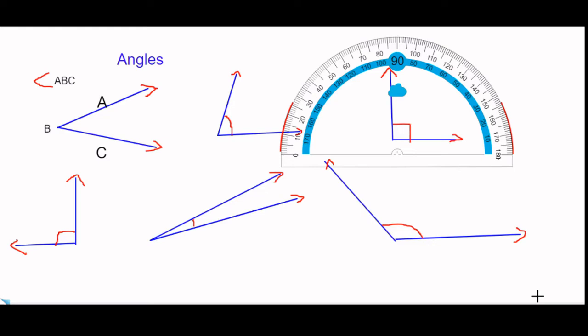So let us take it a little more seriously. What are the different types of angle depending upon the measure or size of the angle? Let me go back and draw angles. I am drawing an angle here. An angle is drawn.